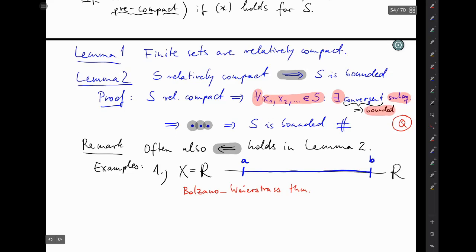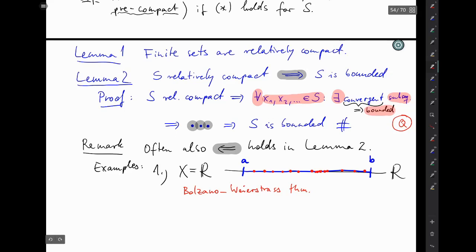Okay, and then we have to convince ourselves that our set S is relatively compact. So to see this, you take a sequence of points from S. They will then also sit inside our blue interval AB. And that sequence is infinitely long. So I'm throwing infinitely many red points at that blue interval.